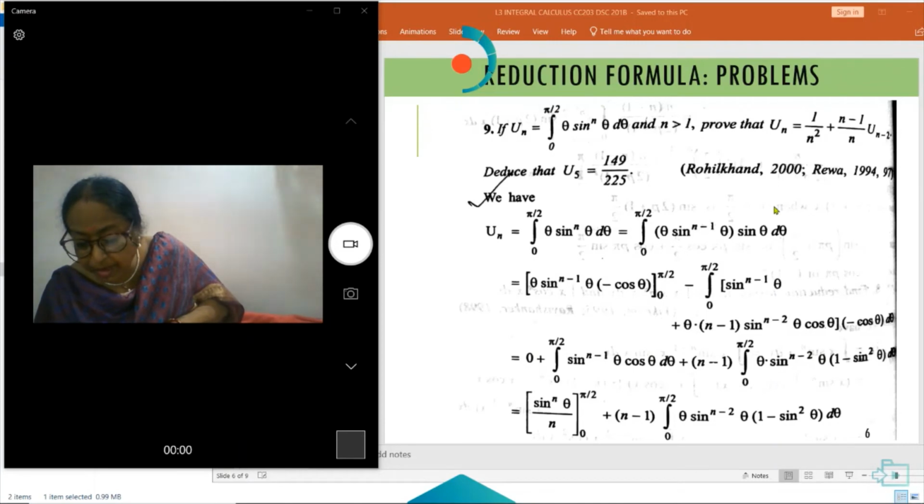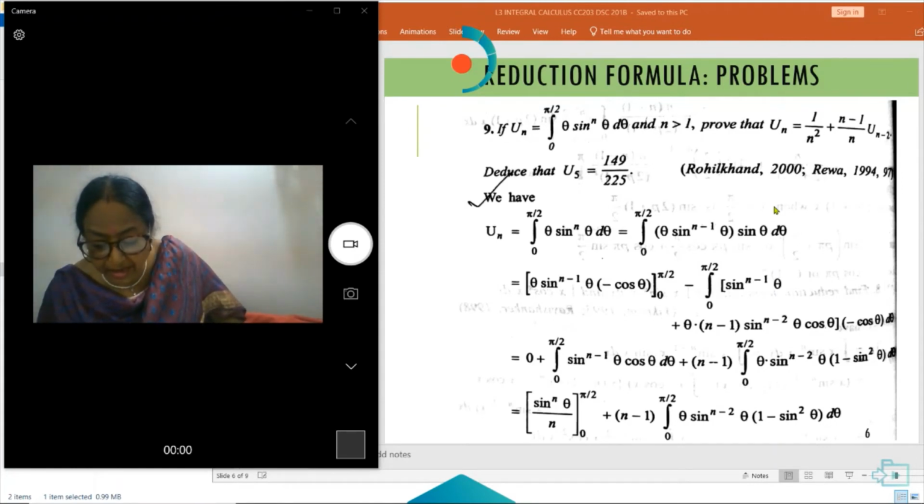So Un is equal to integral from 0 to pi by 2 of theta sine n theta d theta. Again, using the previous one, we can write it as 0 to pi by 2 theta sine n minus 1 theta into sine theta d theta, and after integrating and putting the limit, you can see whatever is on your screen.